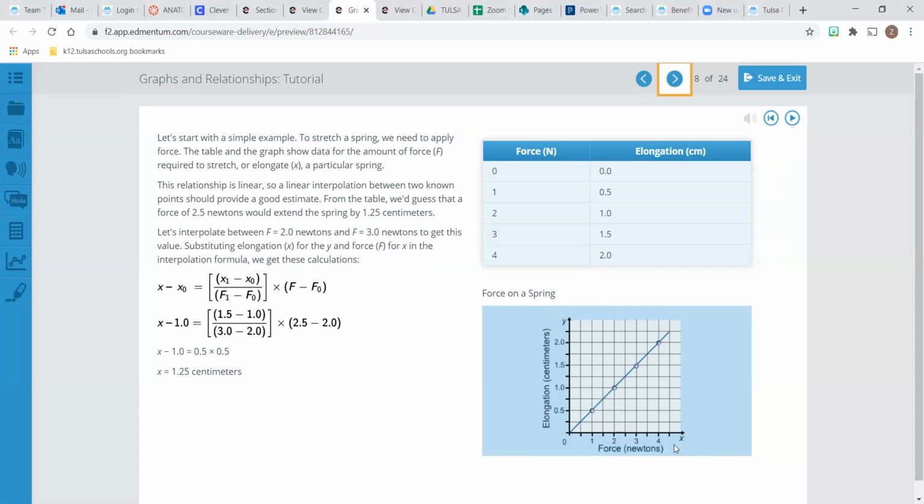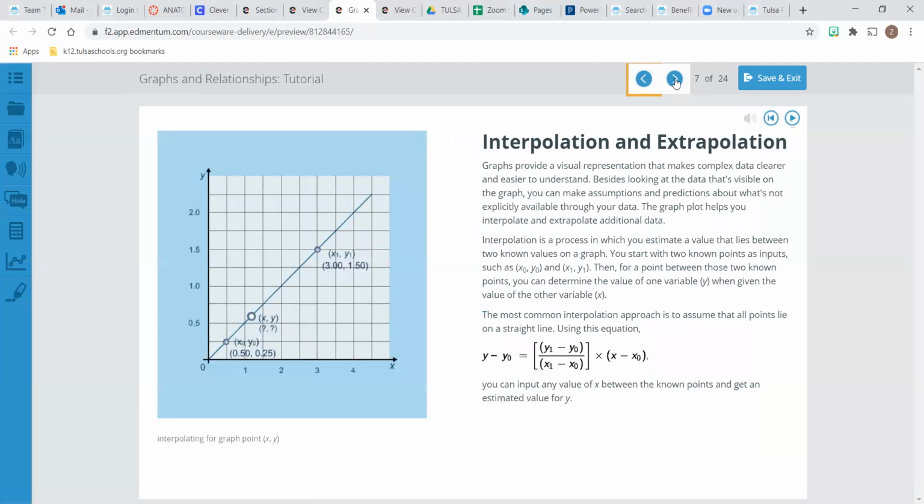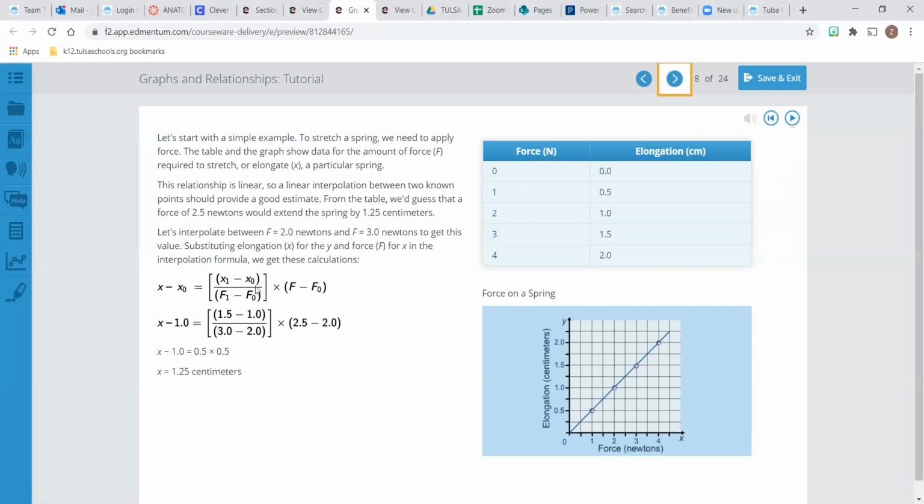However, this is using f for the x's, and then it's using x, which is the symbol for displacement or elongation, for where the y should go.